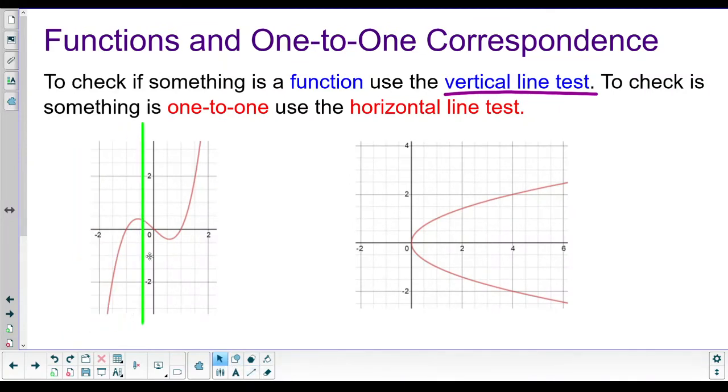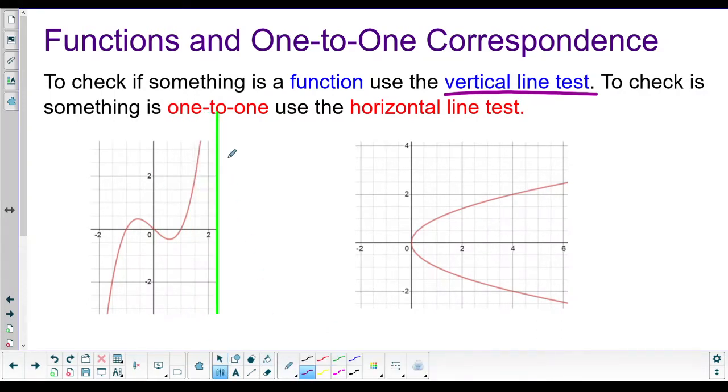It doesn't matter if you go left to right or right to left, but as you scan your graph, it can never touch more than one time. If it touches the graph in two places at the same time, that's bad. That's too much touching and it didn't consent to that. So scan, touching once, touching once, still touching once, always touched once. So this, we would say, this thing is a function.